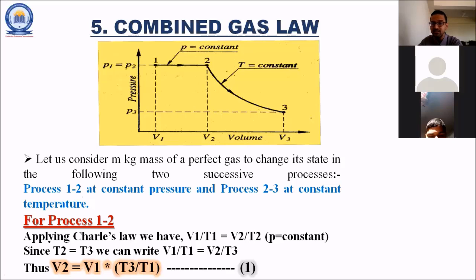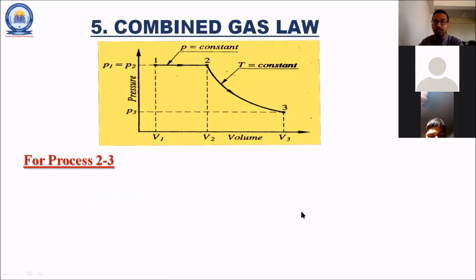The concept is clear to all the students, very simple to understand, and if you are noting down, then you will perfectly get the confidence in making the derivation. Moving further to the next process, that is process 2 to 3. In process 2 to 3, the temperature remains constant.